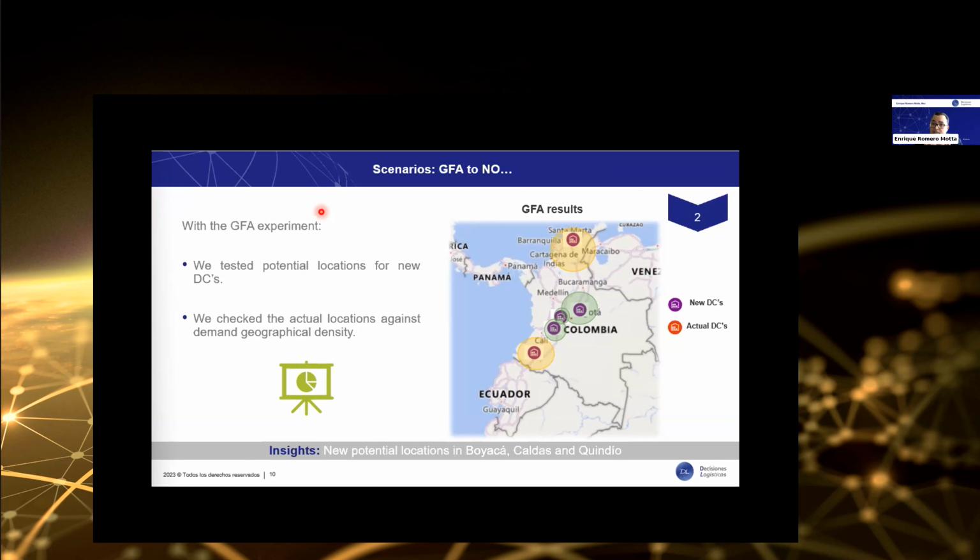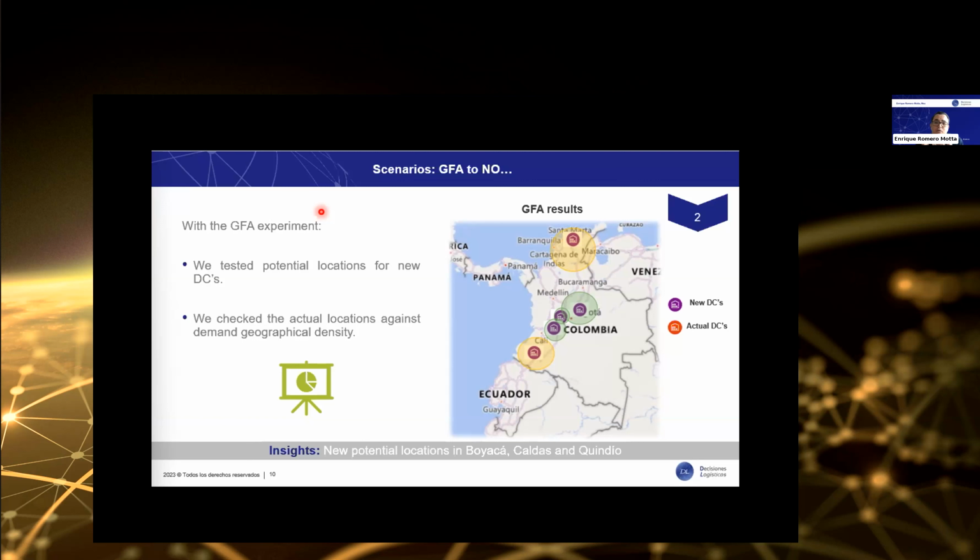Then, we checked the current locations, but just from a demand density perspective. Remember that the Greenfield experiment doesn't take into account costs. So we're focusing only on the way that the demand behaves and how these distribution centers should be located.